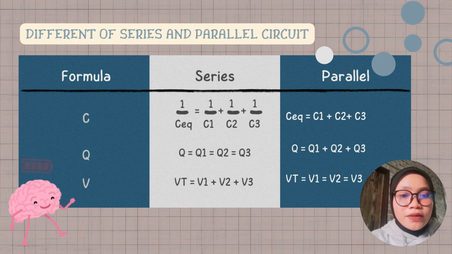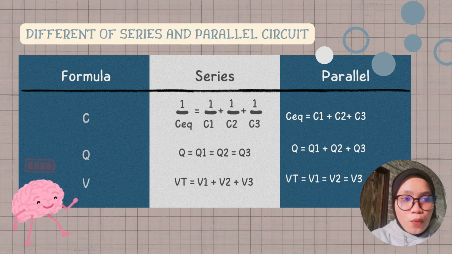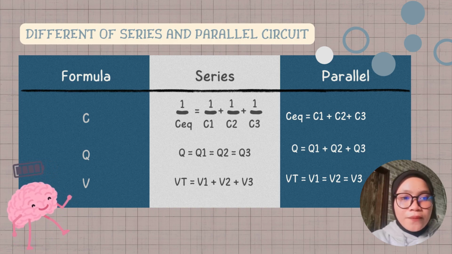Next, we have the difference between series and parallel circuit formulas. Series and parallel have different formulas. For series, to find C: 1 over C total equals 1 over C1 plus 1 over C2 plus 1 over C3. For parallel, C total equals C1 plus C2 plus C3. To find Q for series, Q total equals Q1 equals Q2.